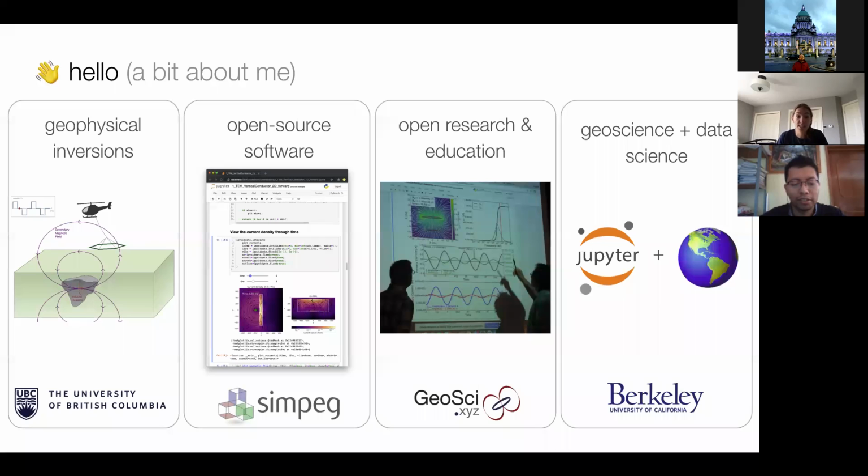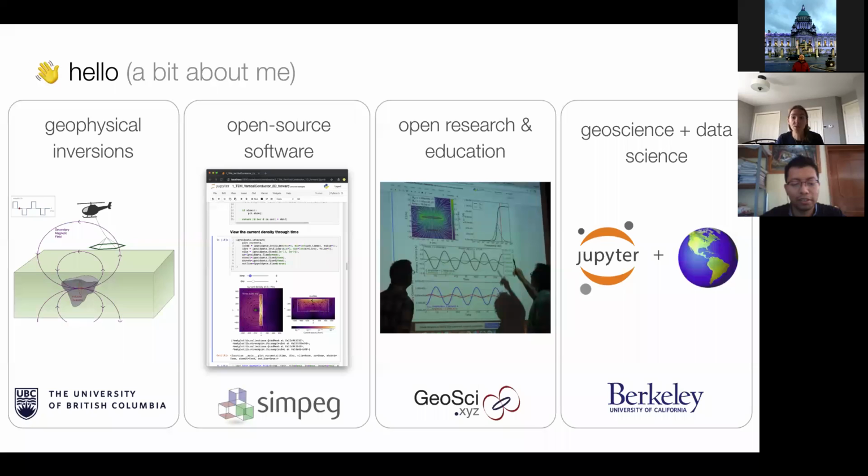During that time, I got very heavily involved in the development of open source software. That's going to be the focus of a lot of our time together today: SimPEG. It's an acronym for Simulation and Parameter Estimation in Geophysics. In there, we've got methods and utilities for simulating a whole suite of different geophysical surveys, as well as working with those data.